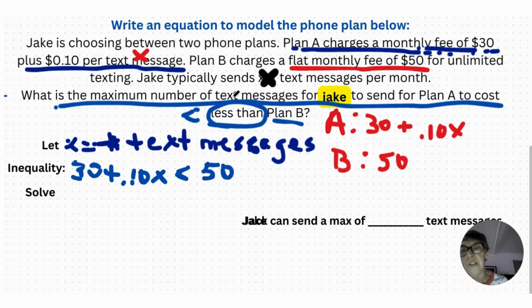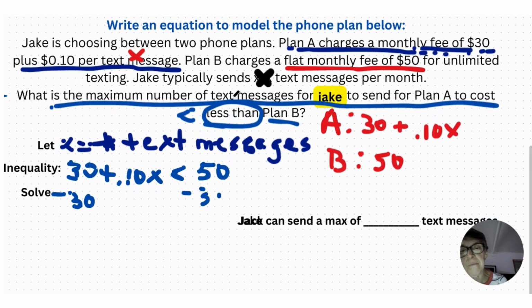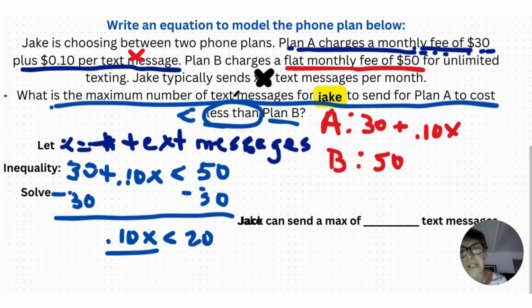So to solve, I'm going to subtract 30 from both sides. I'll get 0.10x is less than 20, and when I divide both sides by 0.10, that would give me x is less than 200.